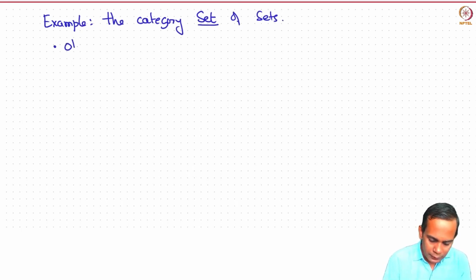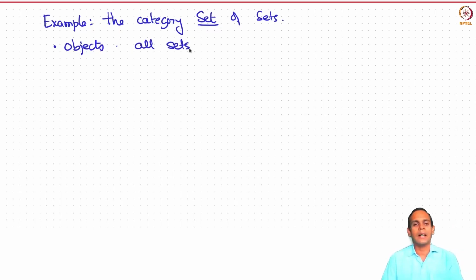What are the objects? All sets. And this underlines why I said a collection of objects. I didn't say a set of objects, because when you start talking about the set of all sets, you run into paradoxes.